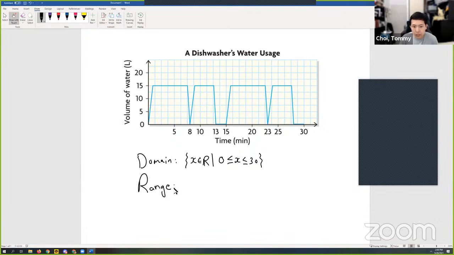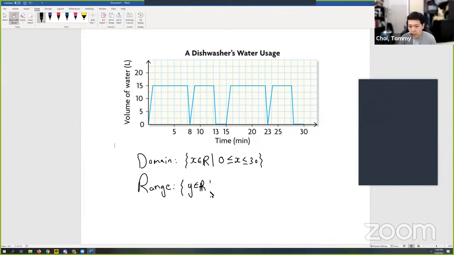So we want to see in context of application problems and graphs that have an end, we want to think where's our lowest point and where's our highest point, and that's going to be our range. And so for this one here, people kept mentioning for y, oh, the highest point is 15, the lowest point is 0, which means you should be able to figure out the range.